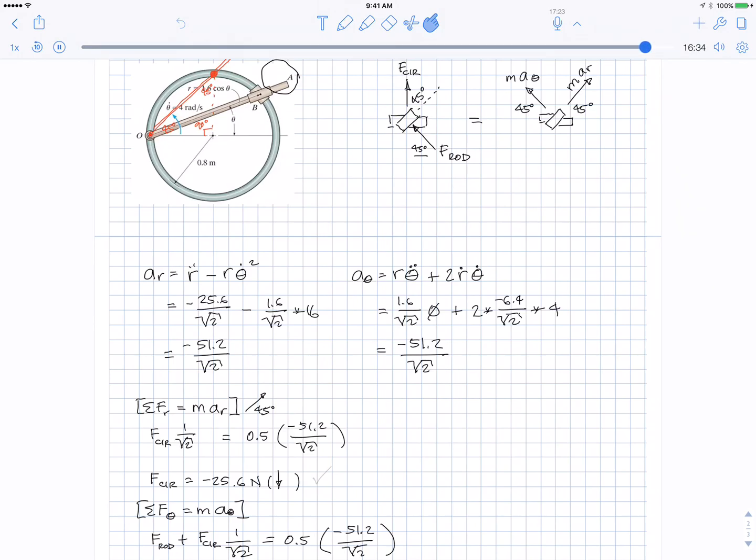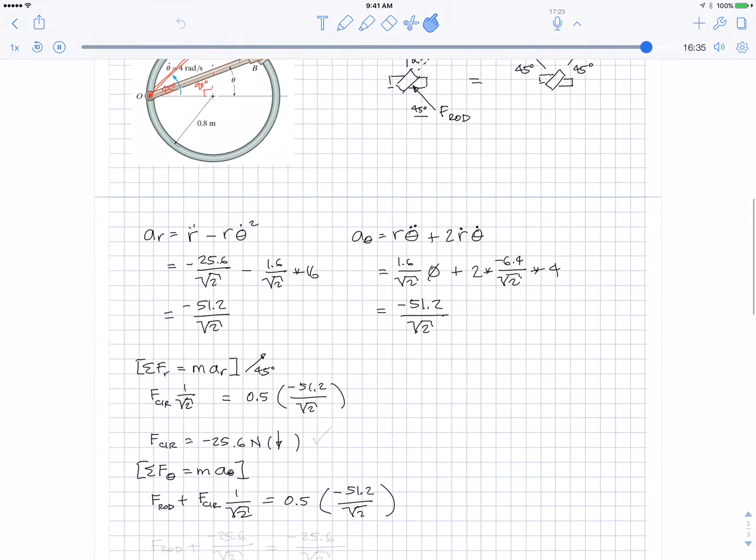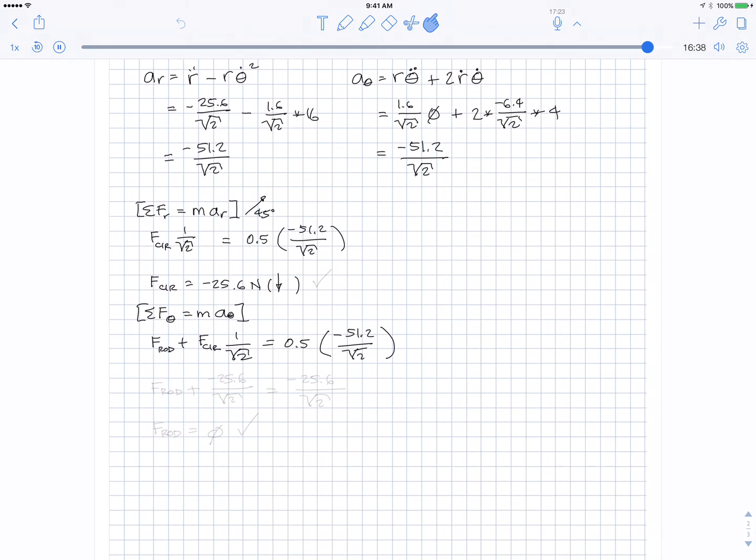So if you put in what the force of the circle was, F rod plus F circle, which is minus 25.6 over square root of 2, equals half of 51.2, which is 25.6. Look at that.